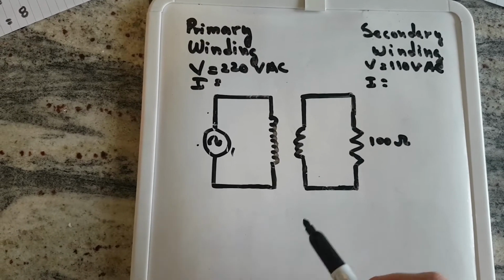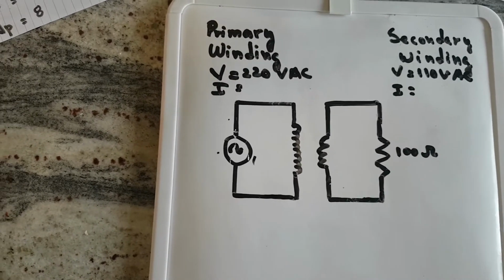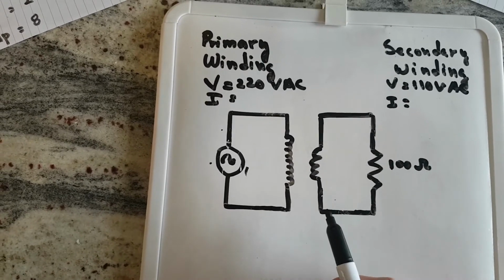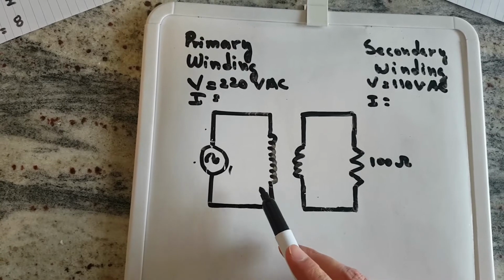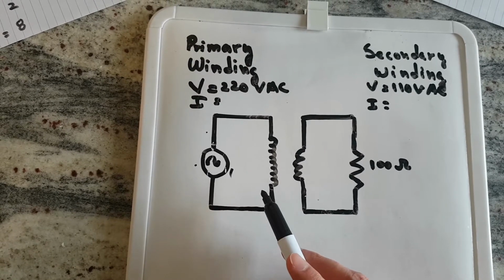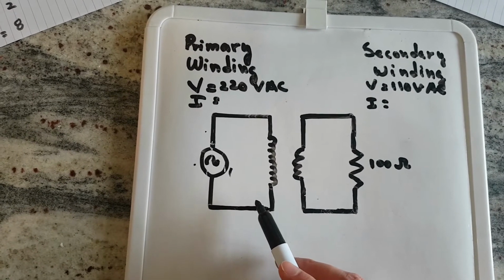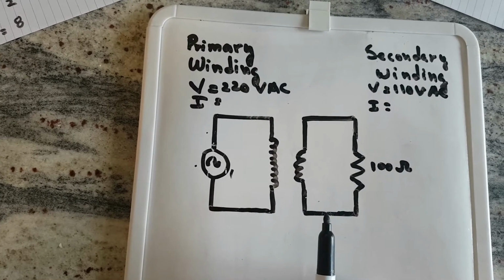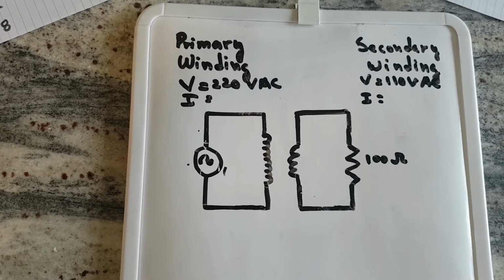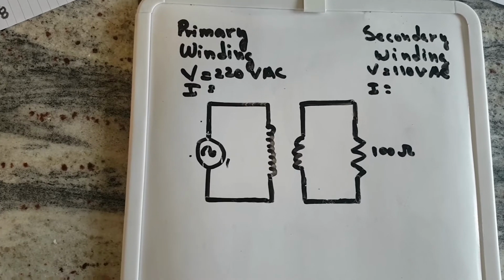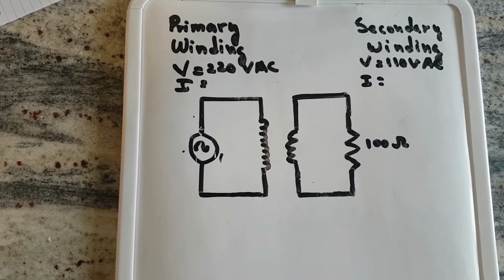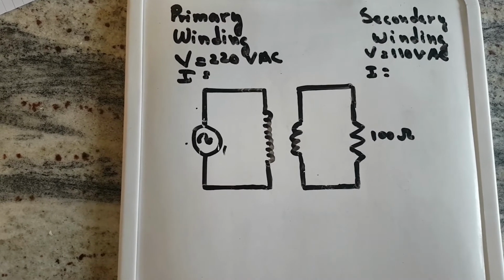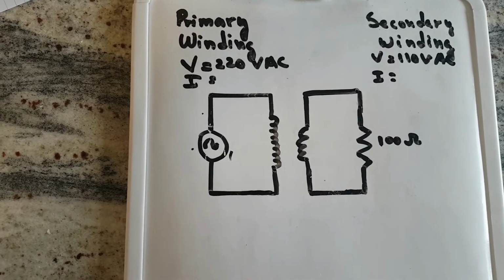This example will be based on the assumption that this would be an ideal transformer, which means that all the energy that is transferred from one side to another side would be 100%. So let's assume that this transformer does not have power loss, so it's not a real example. It's just an ideal example.